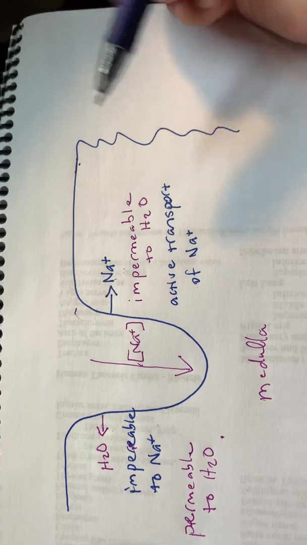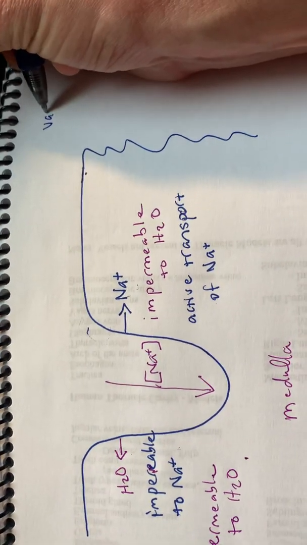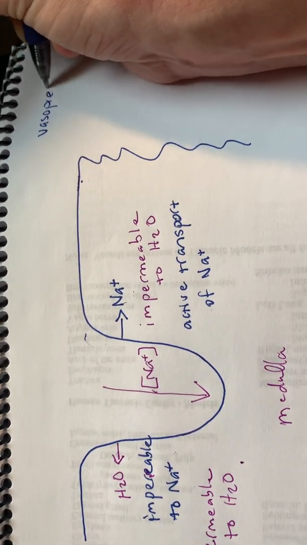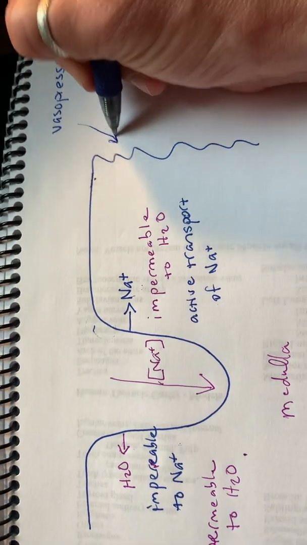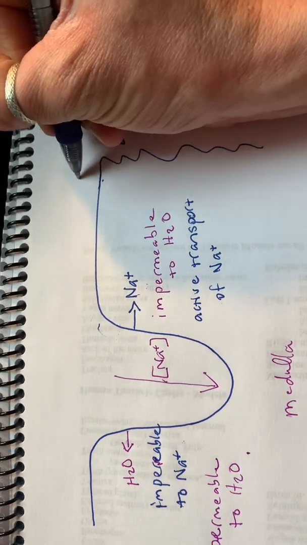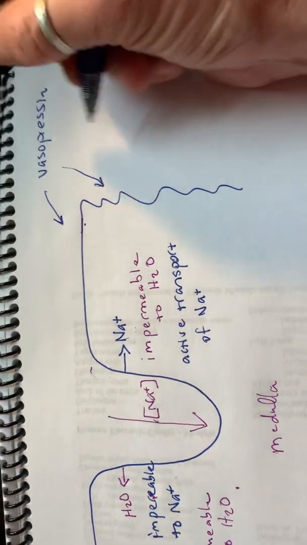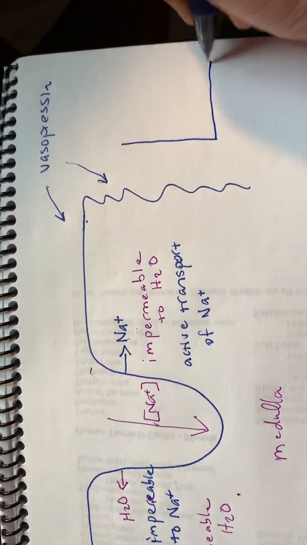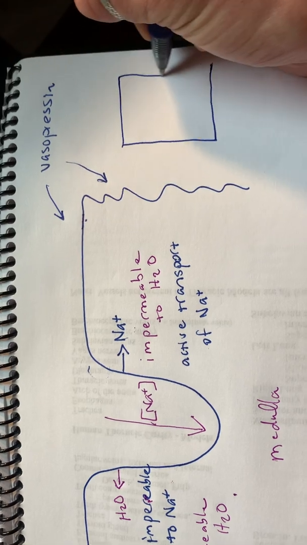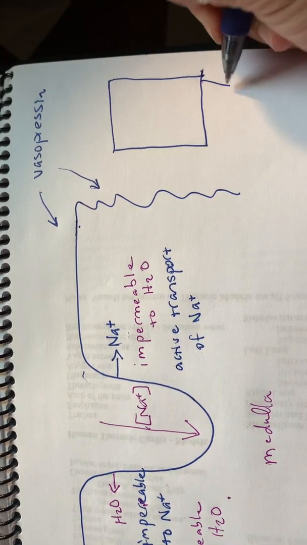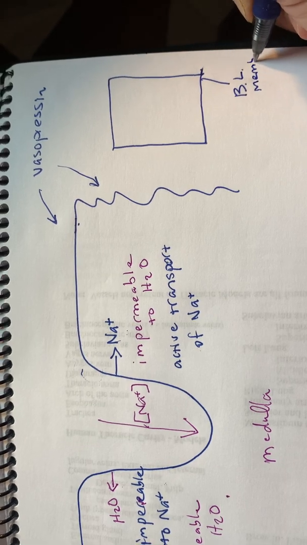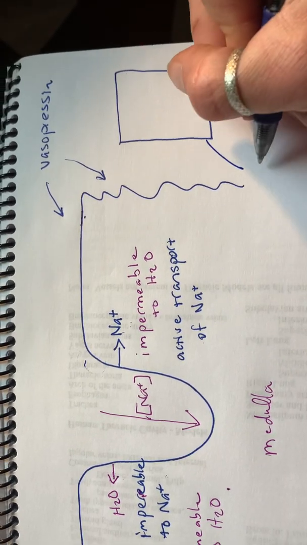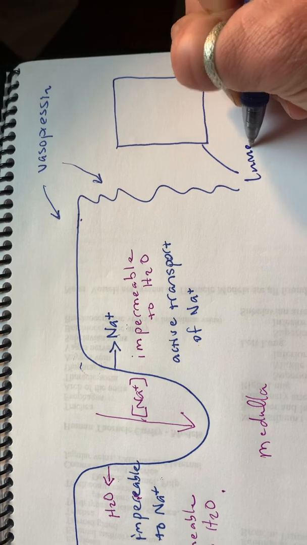But if we need more water and we want to get back some water that is still in the filtrate, we're going to use vasopressin, also known as antidiuretic hormone. And vasopressin is going to go to our collecting tubule and our distal tubule, and it's going to trigger those tubular cells. So I'm drawing a tubular cell. And then on the right would be my basolateral membrane. And then on the left would be the luminal membrane facing the filtrate.